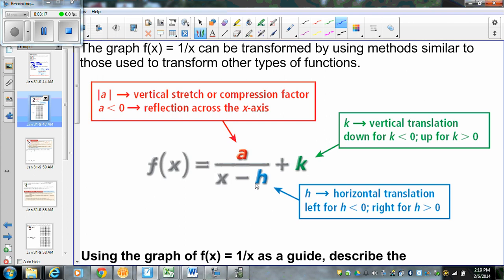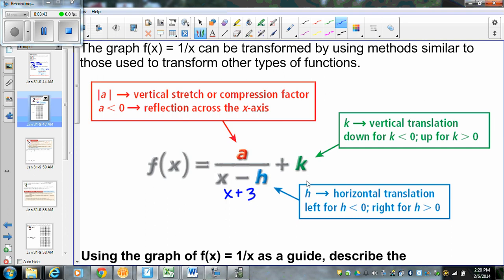We can also combine a number down in the denominator here, and we would write it as x minus h. That number down in the denominator represents a horizontal translation. It's to the left for h less than 0, and to the right for h greater than 0. So for example, if this was an x plus 3 right here, that would be a horizontal translation, left 3.